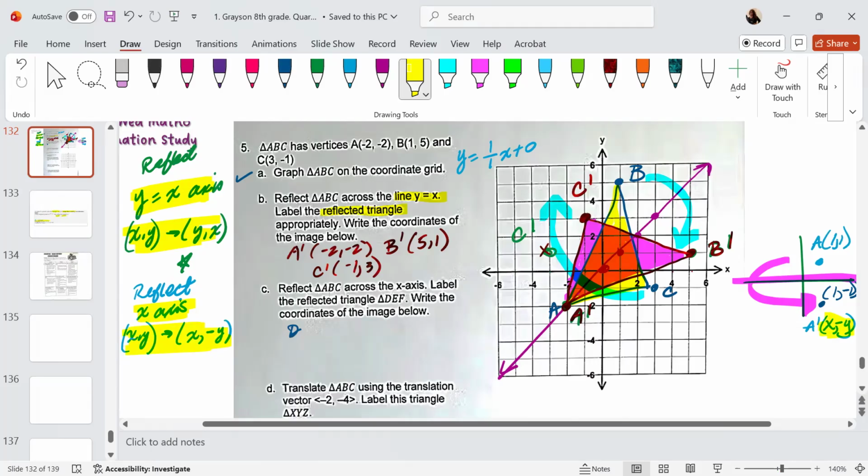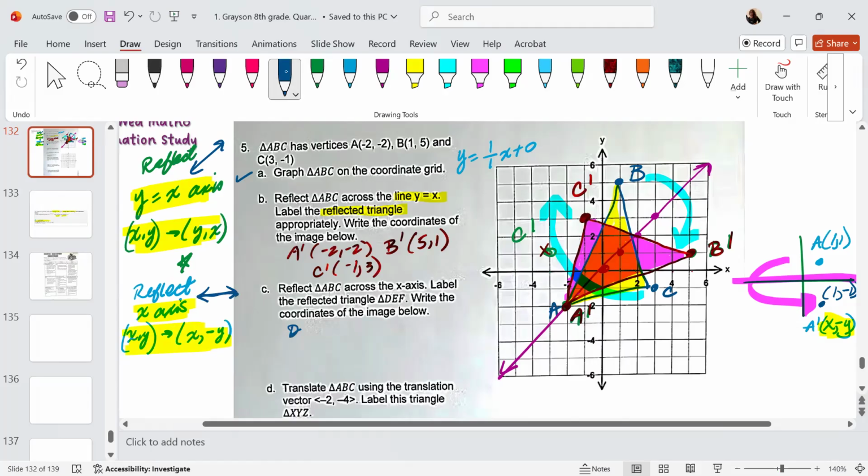Why does it appear as y and x on that one? What are you talking about? Right here. This line is y equals x. There's a difference between when you're reflecting over the y equals x line and the x-axis. The y equals x line is a straight line, a diagonal like this. Do you see that? The x-axis is just this line right here at 0, 0. Do you see the difference there?